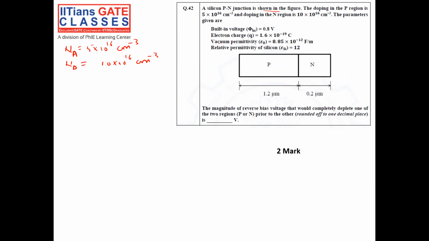Okay, and what is given? VBI, the built-in voltage, is given. Charge is given, and permittivity is given.